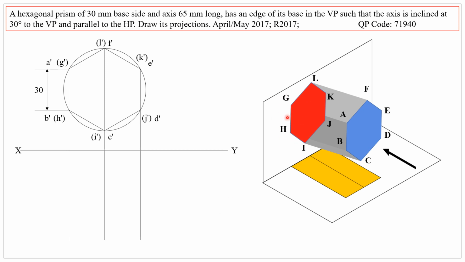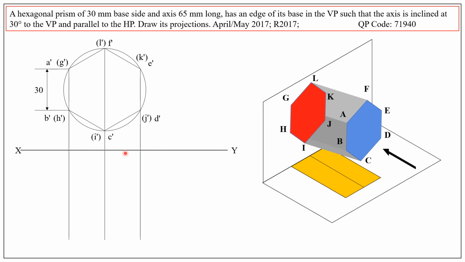And here the hexagon GHIJKL is resting on the vertical plane. Its corresponding top view will appear as a straight line on the XY line, that means the line of intersection of the vertical plane and the horizontal plane.